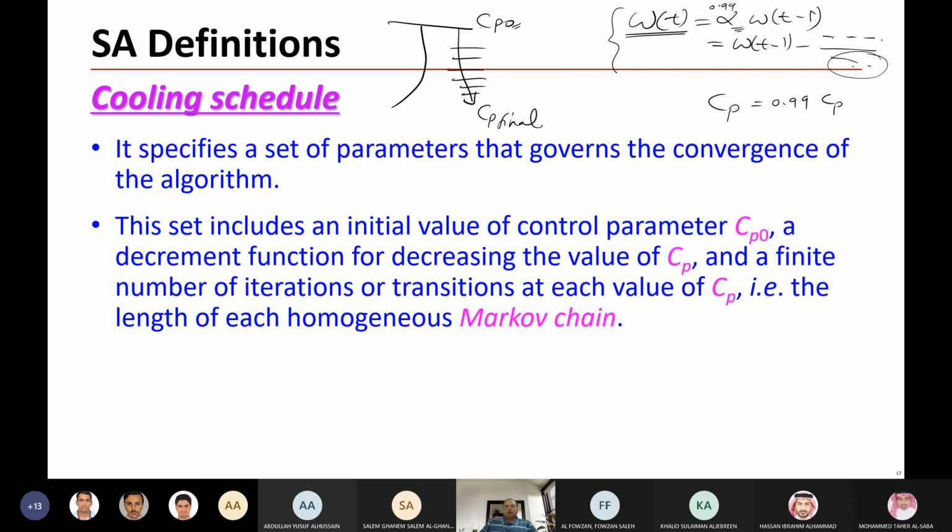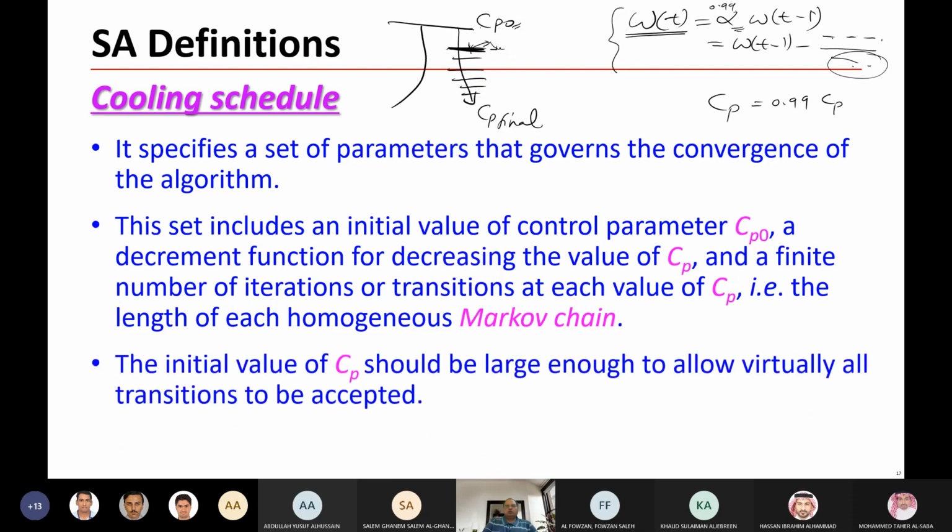So what you will do here, as we mentioned, at this level you have a current solution and you move to a trial solution. You may accept it, and then you move to another trial solution. You do some iterations until you find that the current solution doesn't change for a long time.